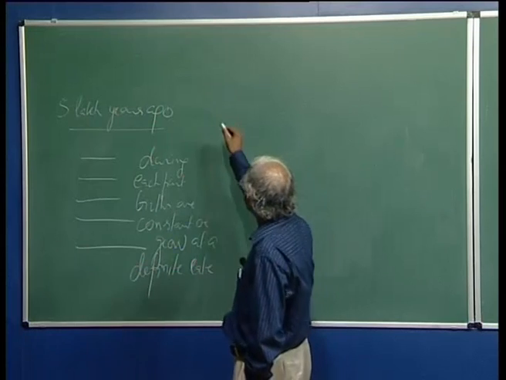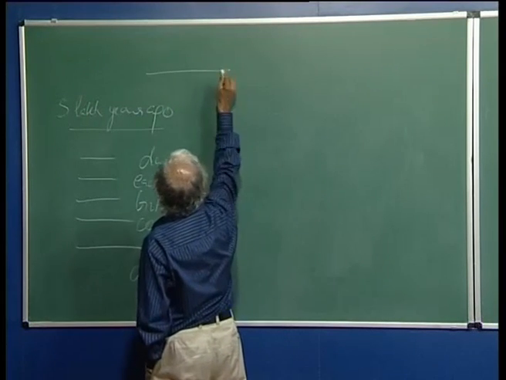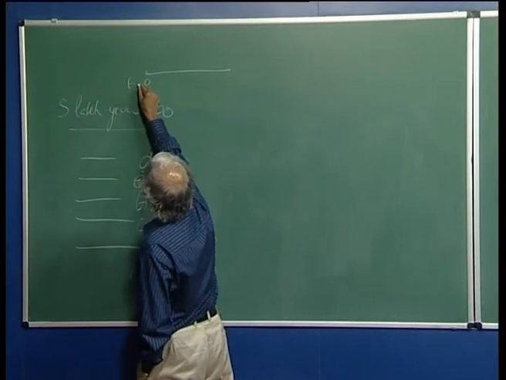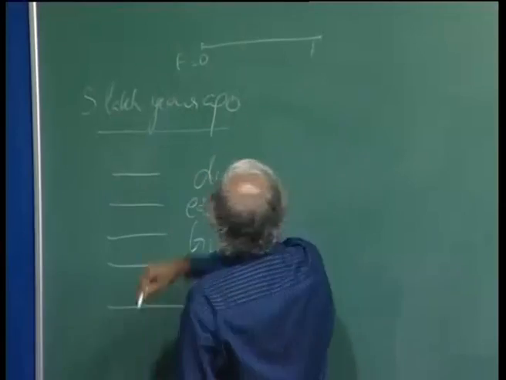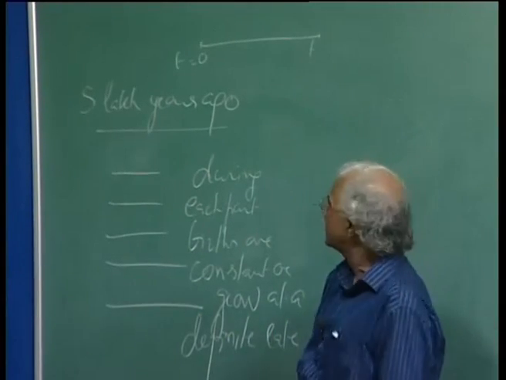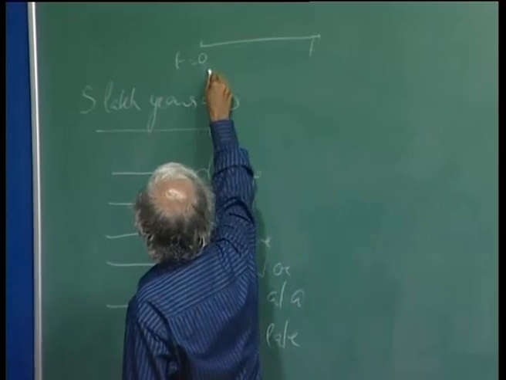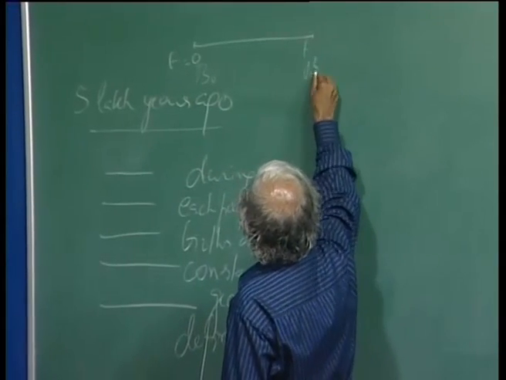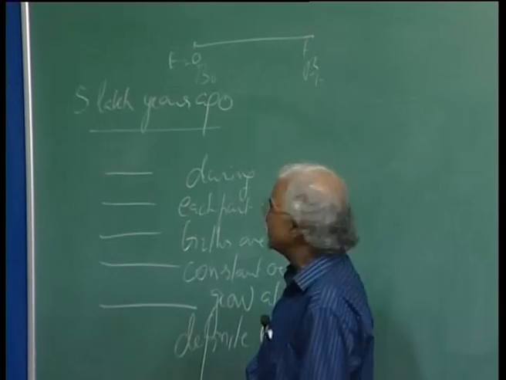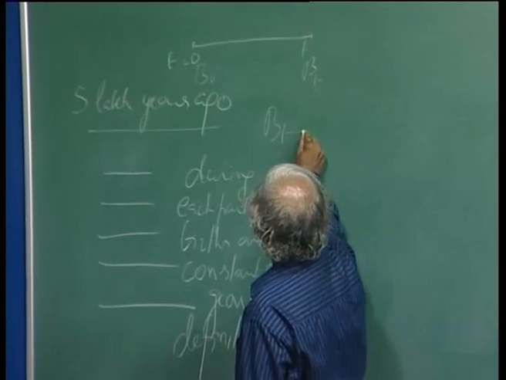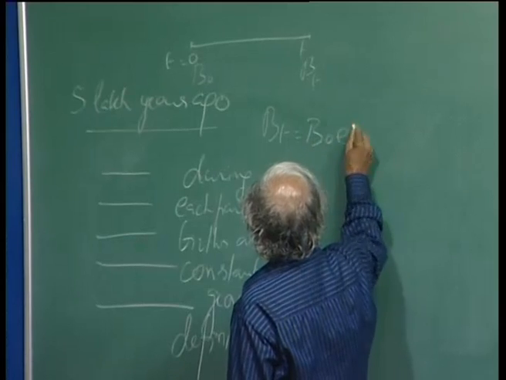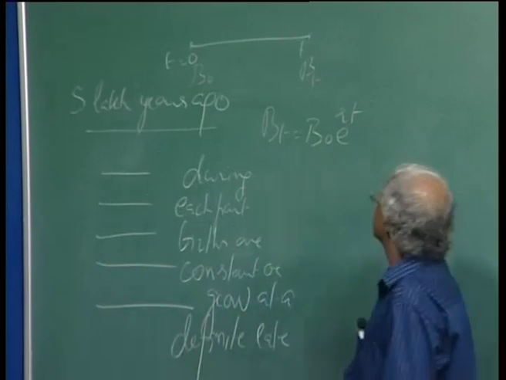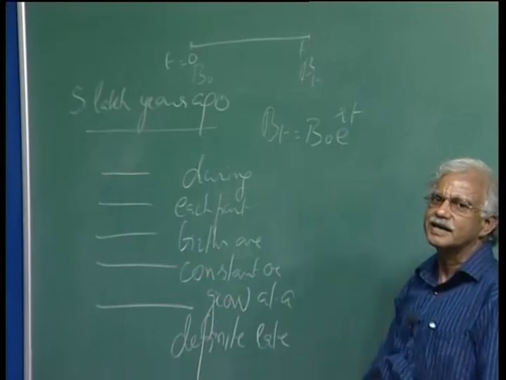So, if I take one particular time period, say t equal to 0 to t, and I know that the number of births here is b 0 and the number of births here is b t, we may assume that b t is b 0 e raised to power r t, where t is time and r is the rate of growth.